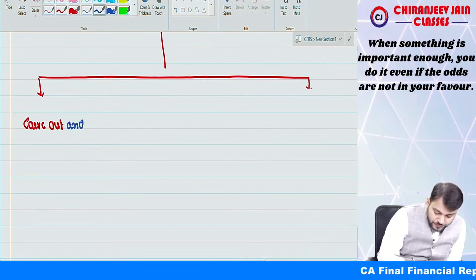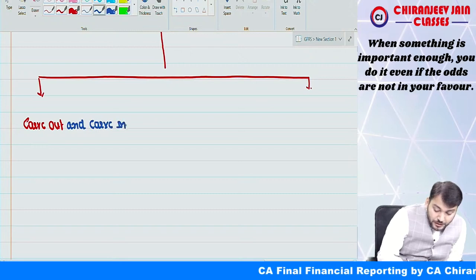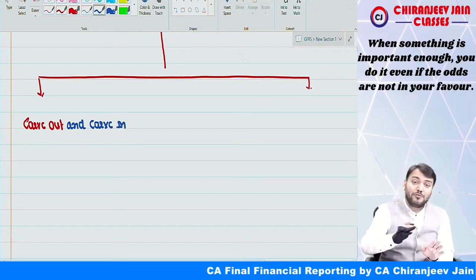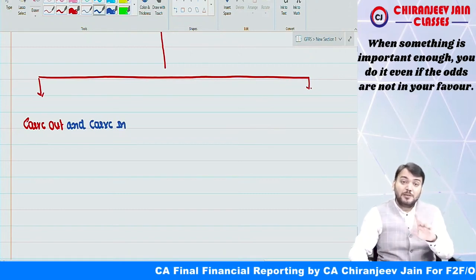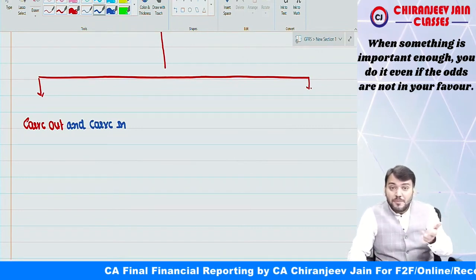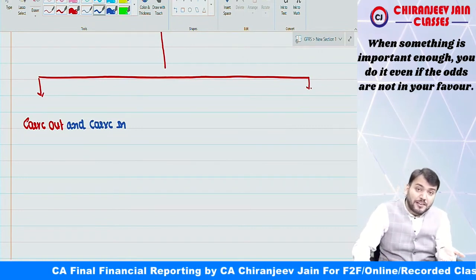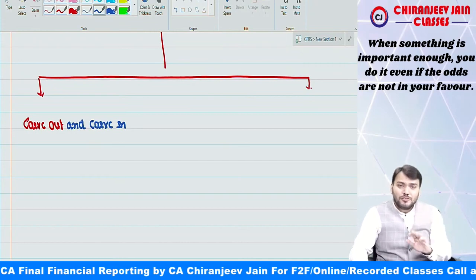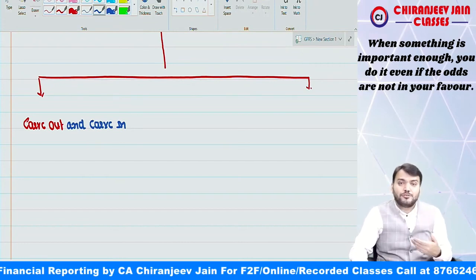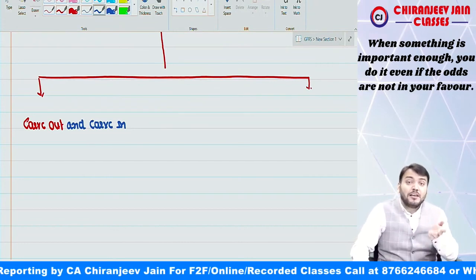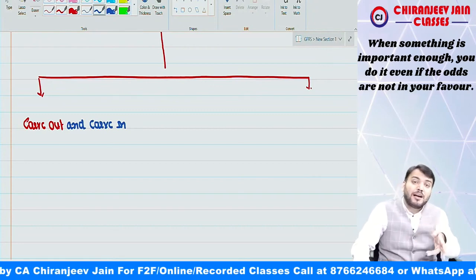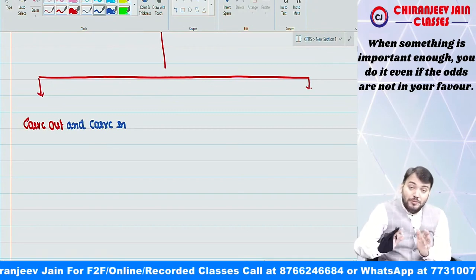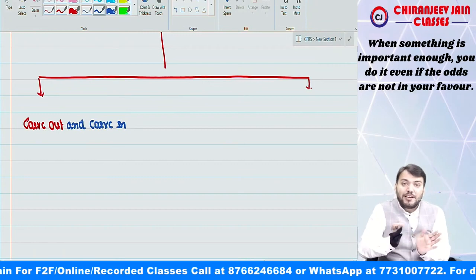It might happen in the FR paper also, you have done carve out and carve in. Even though it is not a part of the FR paper, in the institute study material they have mentioned carve out and carve in. So normally a teacher teaches that also. For example, I have also taken carve out and carve in wherever required in the FR paper. So it might happen you have knowledge about carve out and carve in.